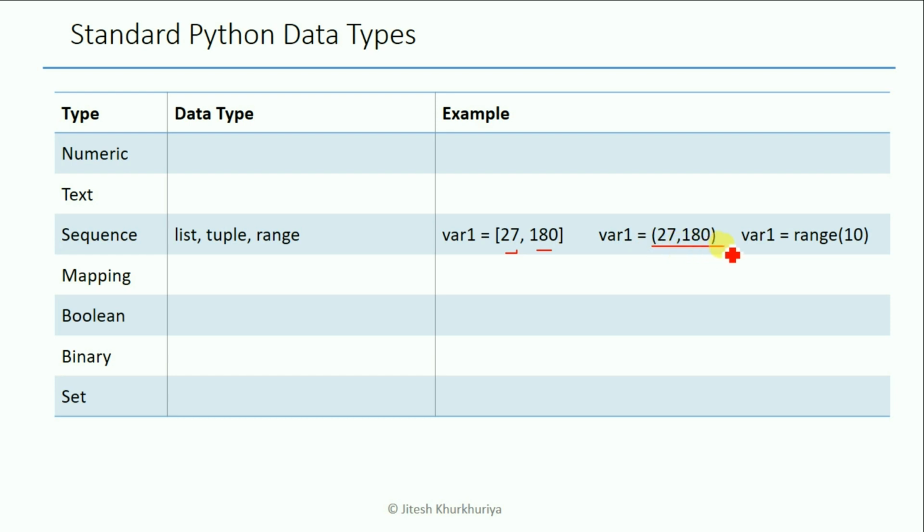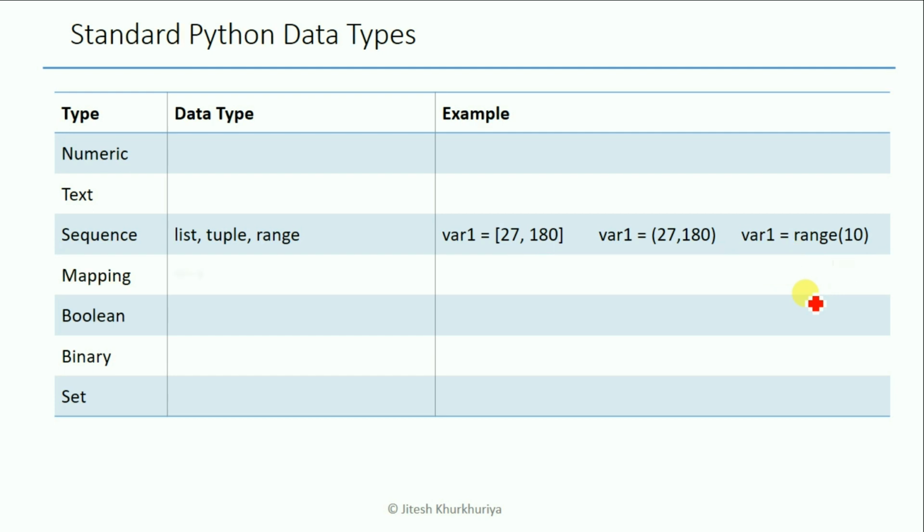Tuple, on the other hand, is an immutable data, which means we cannot change it. All right. And range then is a sequence of numbers between a given range. So here, when we specify the range as 10, it is simply starting with 0 and will give us 10 minus 1. That's up to 9.